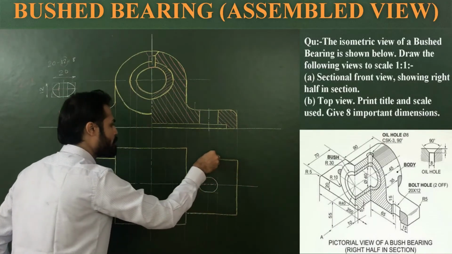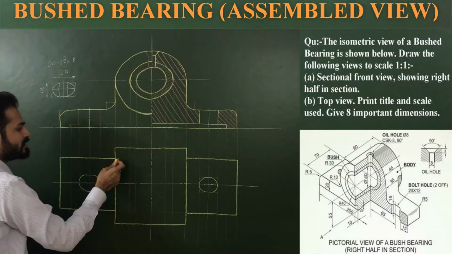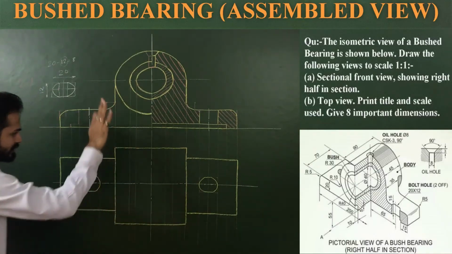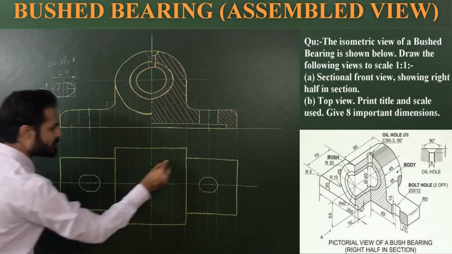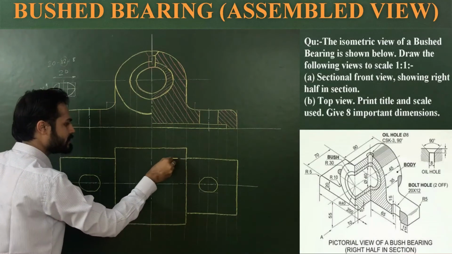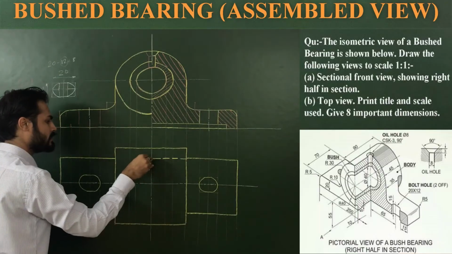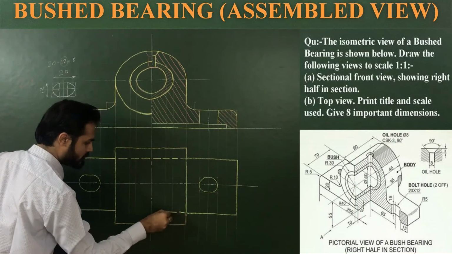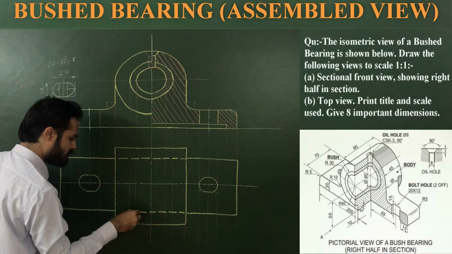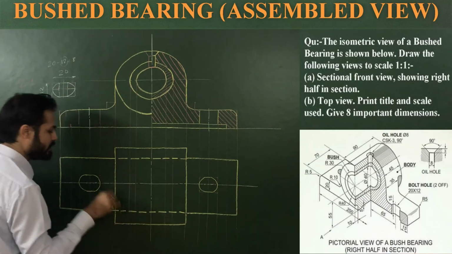For the remaining part, this is hidden, but in the top view we are not showing sectional views, so hidden lines can be shown. So in the top view, show all hidden lines.